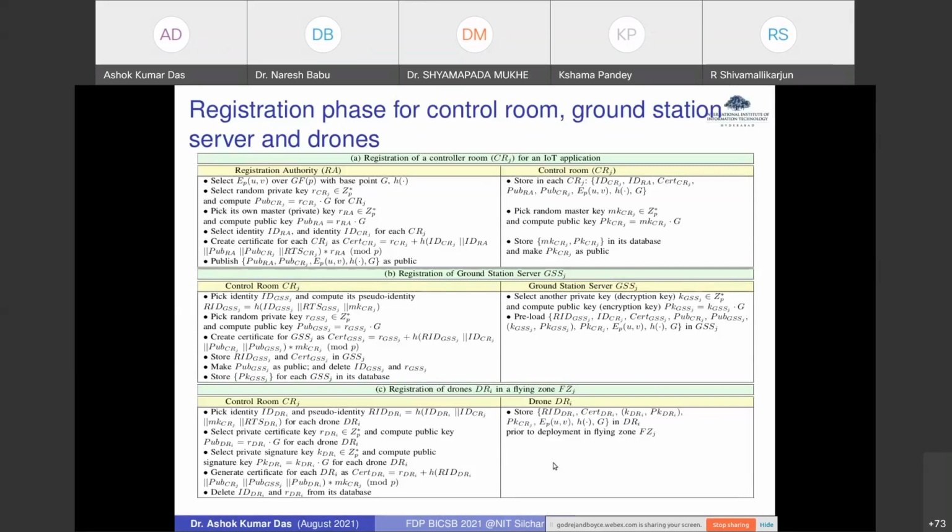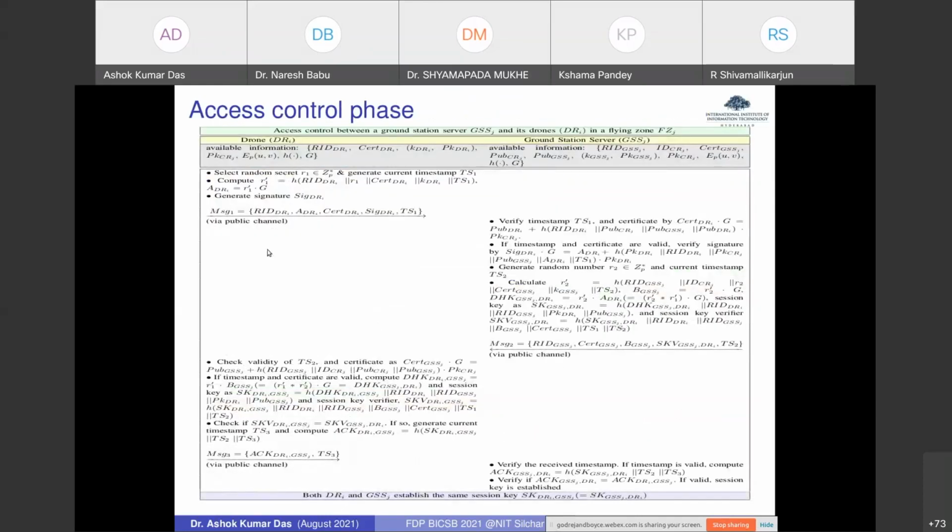After that, deploying the drones and installing the GSS and control rooms in the network, there is a phase known as the access control phase. Suppose a drone wants to communicate with the ground station server securely. Then it will first select a random secret, known as the temporal secret.